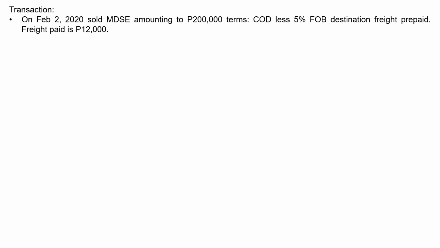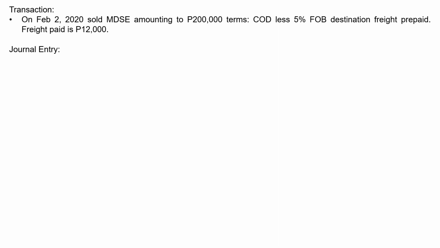So the transaction: on February 2, 2020, sold merchandise amounting to 200,000 with terms cash on delivery, less 5%, FOB destination, freight prepaid, and the freight paid is 12,000.